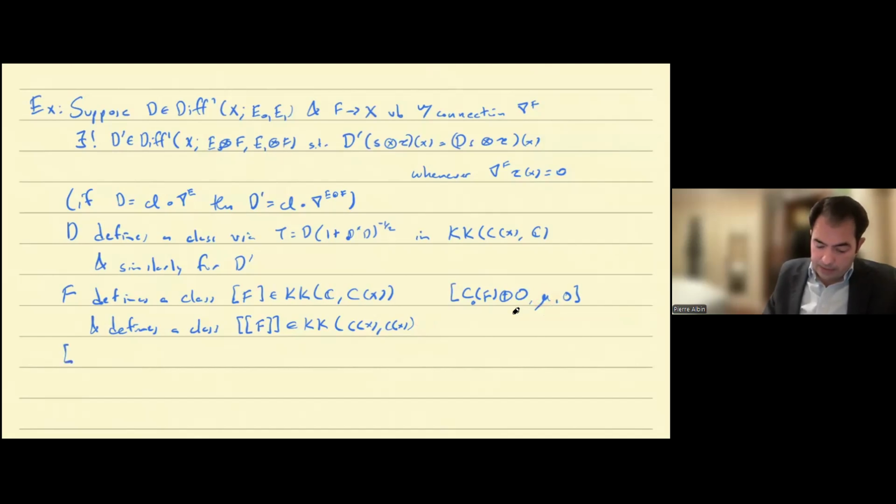And then the class of the twisted operator is the class of the Kasparov product of these two.